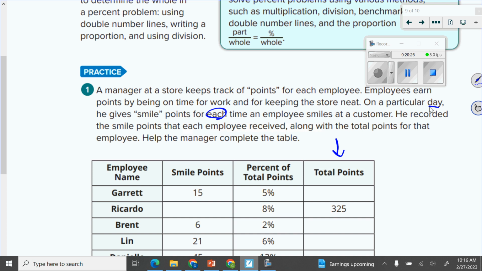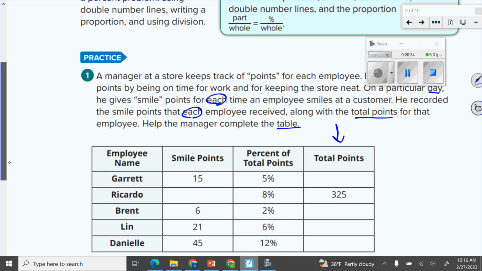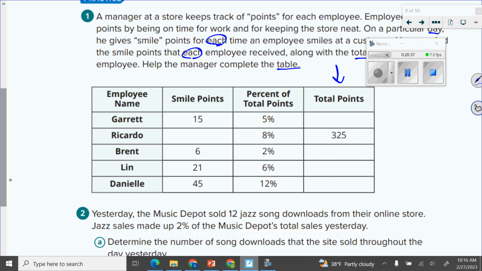He recorded the smile points that each employee received along with the total points for that employee. So we need to now complete the table. So on this one, they kind of switched up the order for us. This would be the part. This is our percent. And this is our total, or our whole.